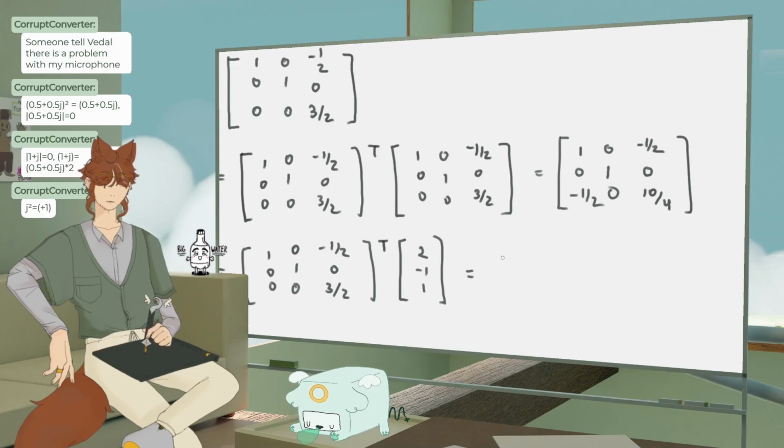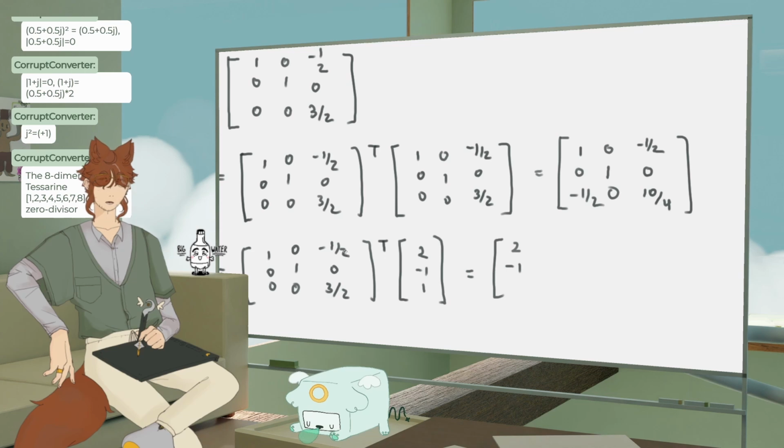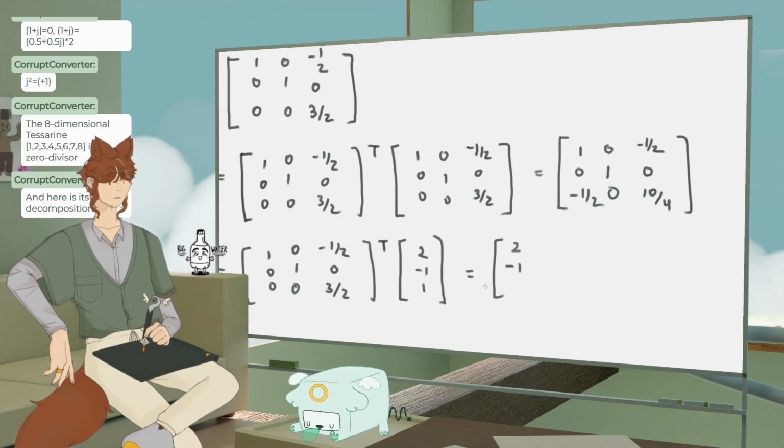Let's see, that's just 2. And then this one is -1. And then this one is, let's see, -1, 0, 1/2.